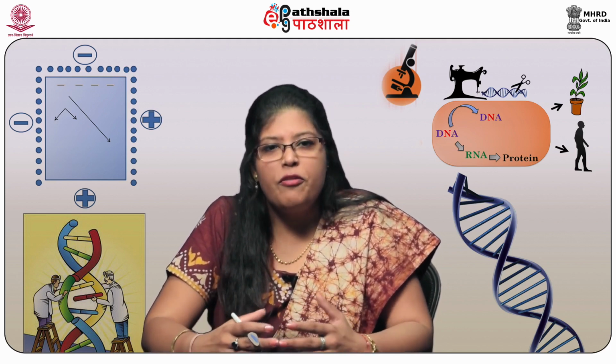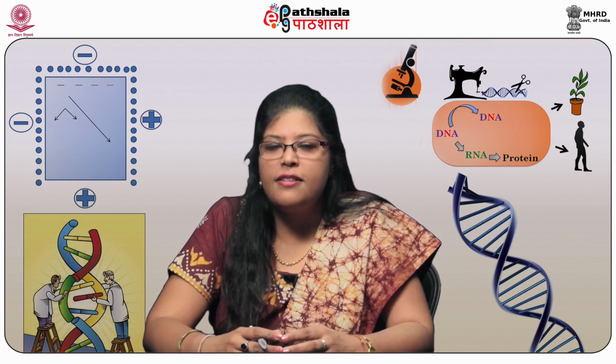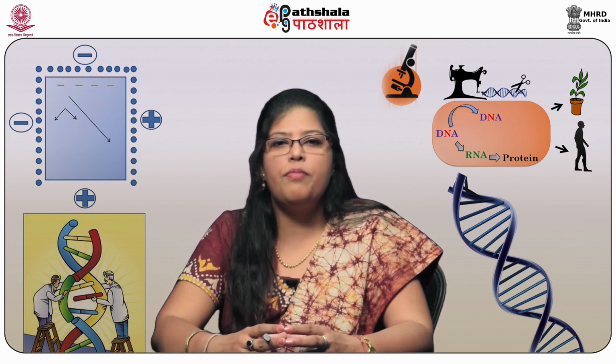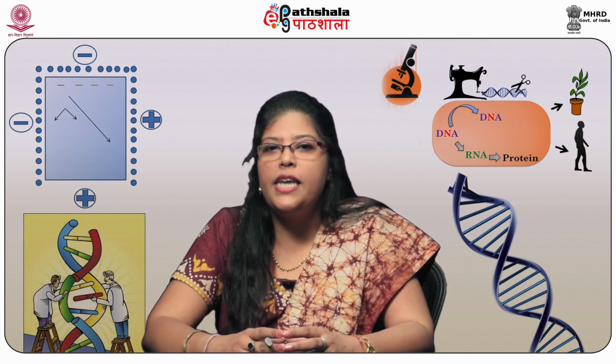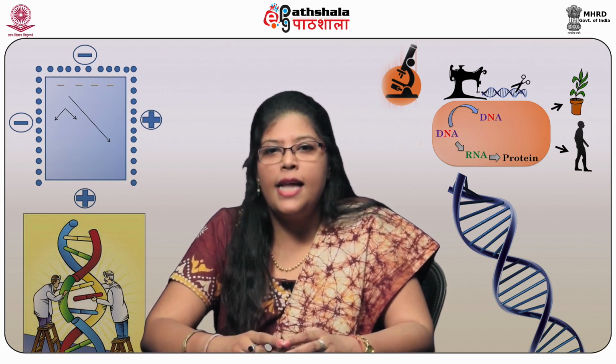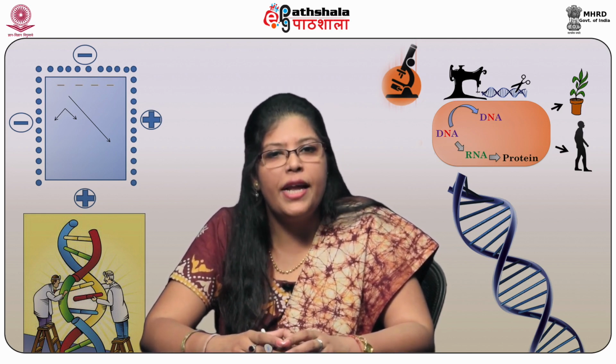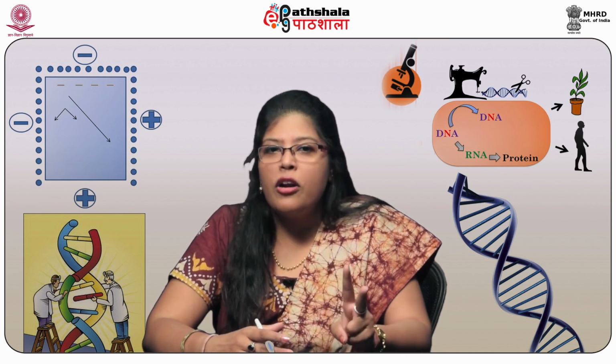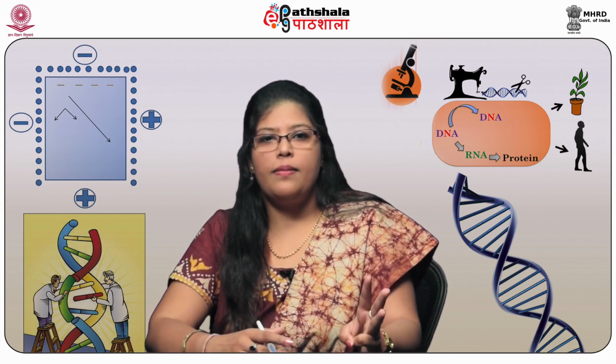There was conclusive proof and sufficient evidence that the transforming principle is made up of DNA alone, and that genes are composed of DNA, neither protein nor carbohydrates nor RNA.